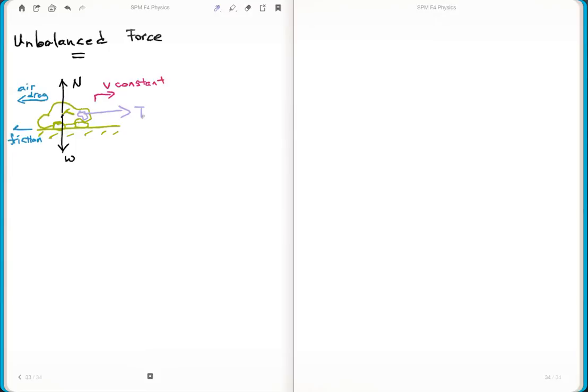Okay. So that's all the forces acting on the object. Now, it is unbalanced because this car is moving to the front.